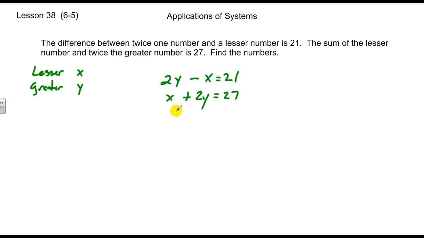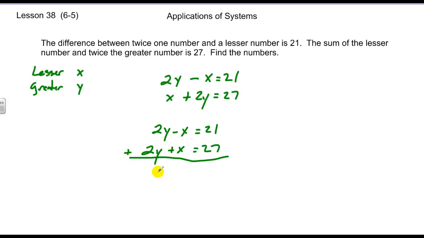Now notice, this sets itself up nicely for substitution, but also if I rearrange my variables in this case, so I say 2y minus x equals 21, and we know that addition is commutative, so I can switch the order, say 2y plus x is equal to 27. Notice this problem's all set up for addition, so I have 4y is equal to 48.